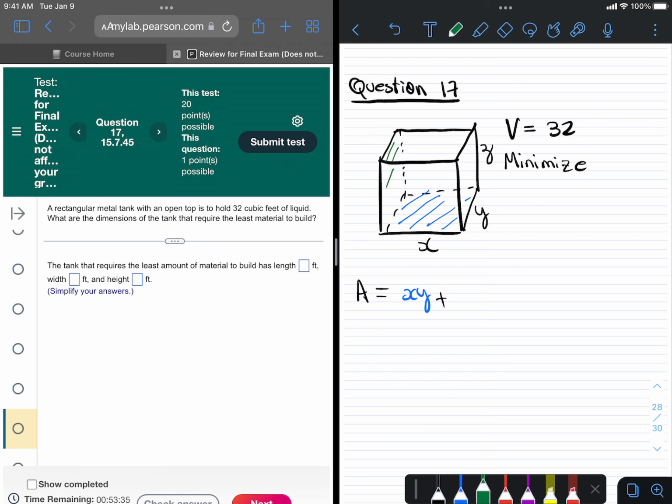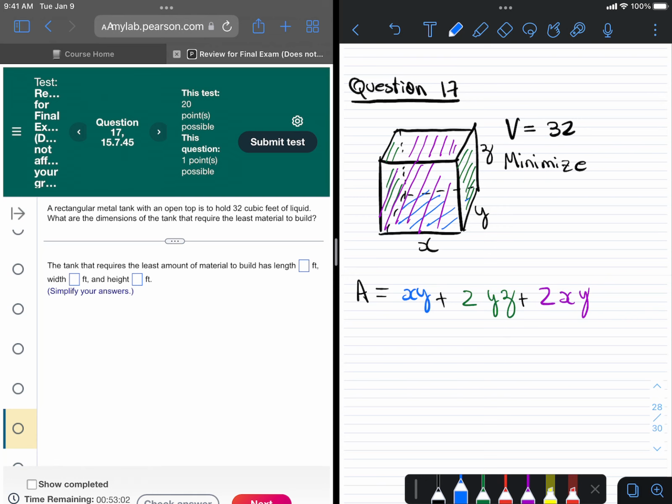So 2 times yz, right? That's the area for each of those rectangles. And then there's the front and the back. So that will be 2 times xz, base times height here. So that is the area.